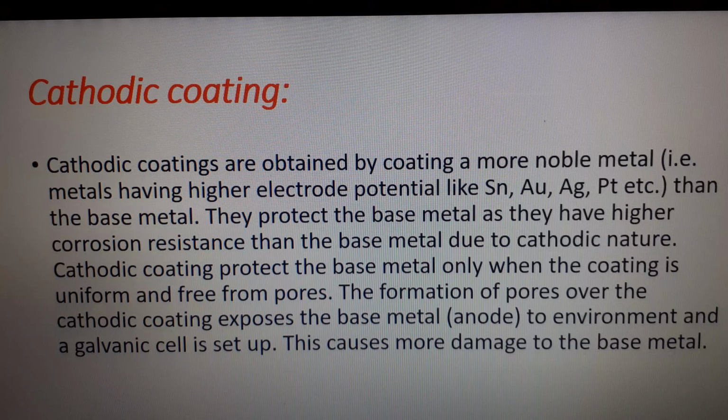If such coatings are punctured, more corrosion damage can be done to the base metal than to the metal without it. For example, a tin coating on a sheet of iron provides protection only as long as the surface of the metal is completely covered.